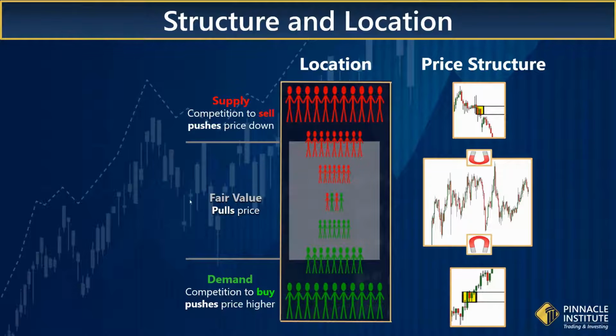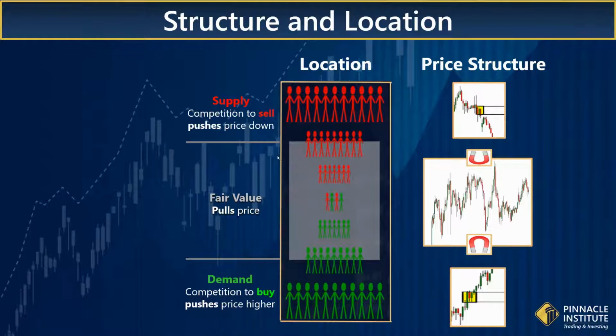Fair value is the price level, price range where the majority of buyers and sellers agree to buy and sell. So it has this natural governing dynamic, natural effect of pulling price right back to it. And I'll explain that more in a moment. Sometimes prices move higher for some reason.